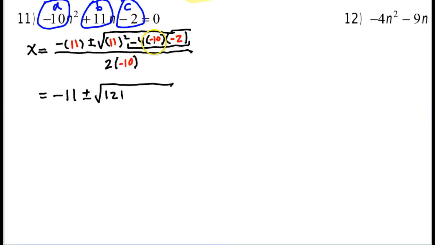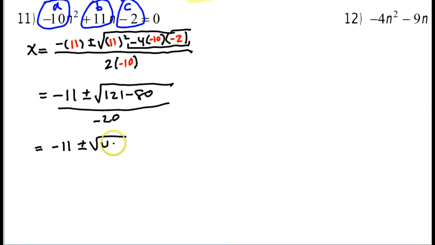Okay, so we have negative 4 times negative 10, which is positive 40. 40 times negative 2 is negative 80. All over negative 20. So we got negative 11 plus or minus root 41 all over negative 20.